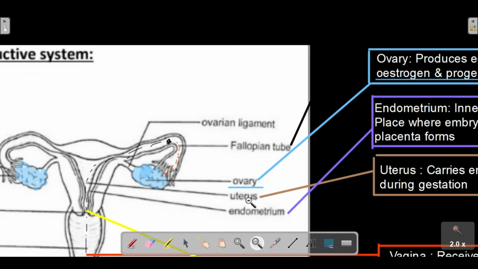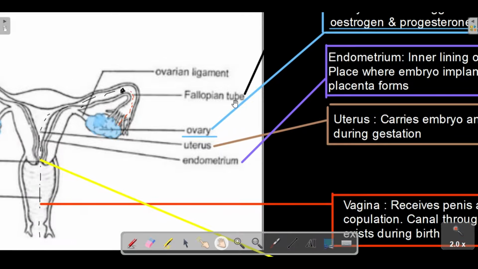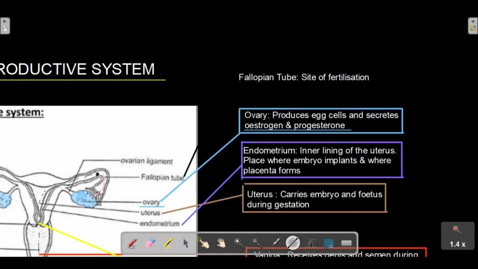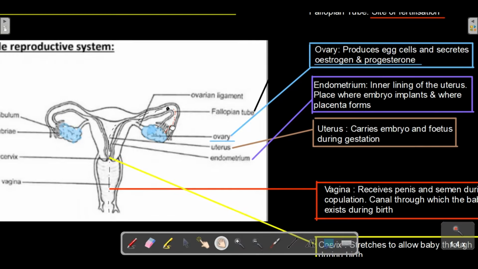And so the fallopian tube's job is that it is the place where fertilization occurs. It is the site of fertilization. This is where the nucleus of the sperm cell and the nucleus of the egg cell fuse together and form the zygote here in the fallopian tube.